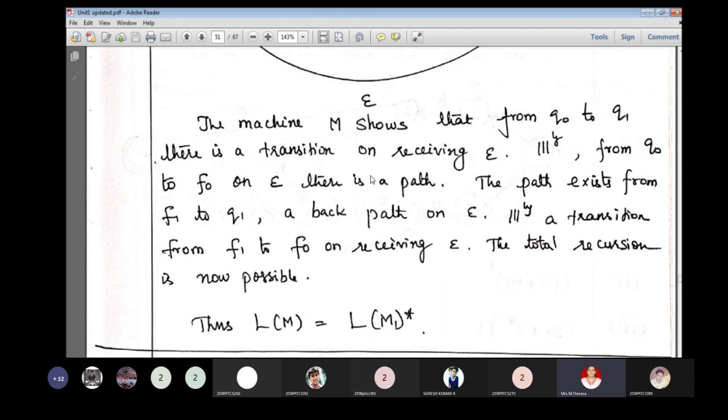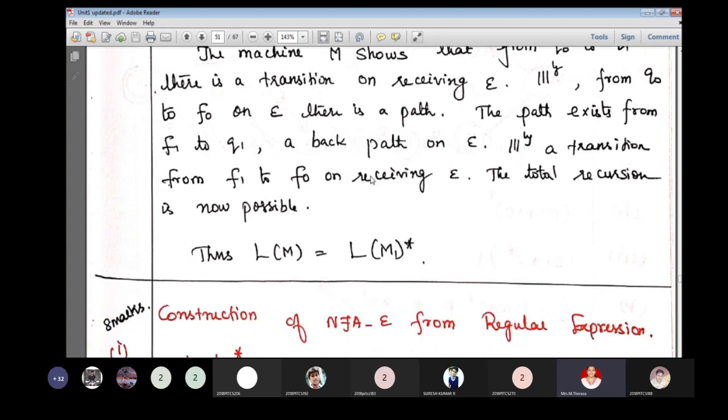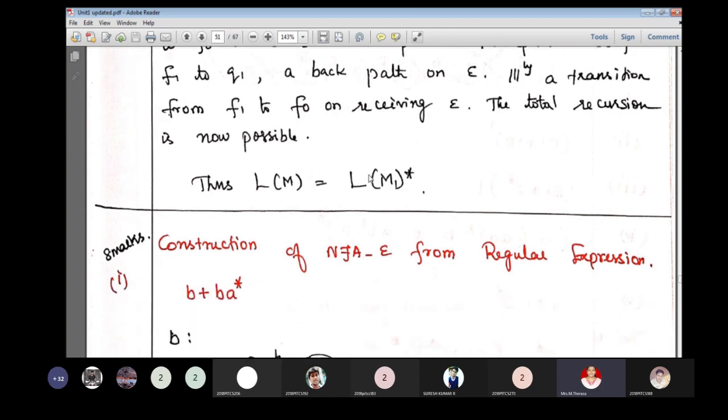Similarly, a transition from F1 to F0 on receiving epsilon. Clear? The total recursion is now possible. So now L of M is equal to L of M1 star. Clear? Okay.